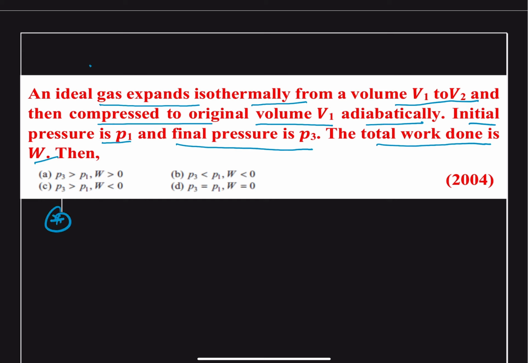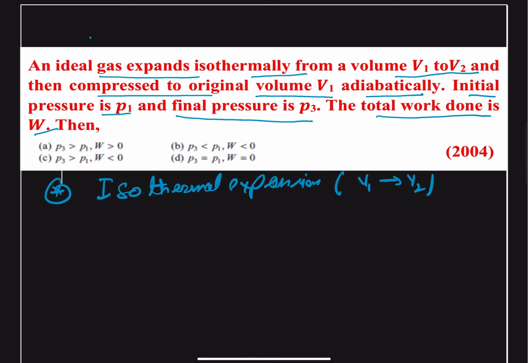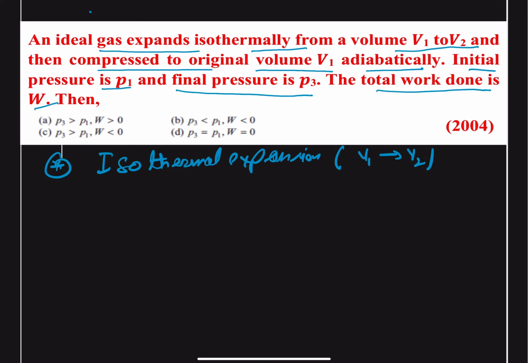For isothermal expansion, which is from V1 to V2, the gas is going to expand, doing work on the surrounding.